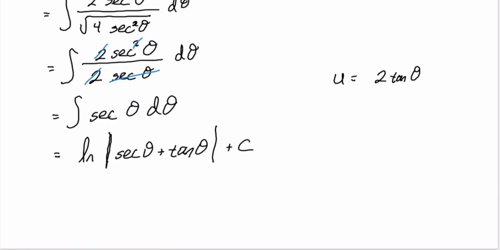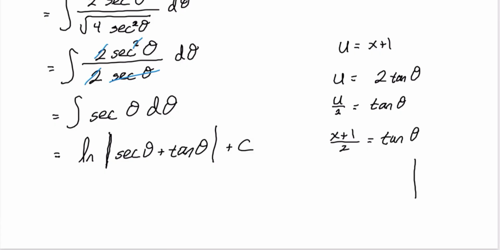We'll start by dividing by 2. u divided by 2 is tangent theta. And then prior to that, one of the first things we said is u is x plus 1. So we now have x plus 1 divided by 2 is tangent theta.